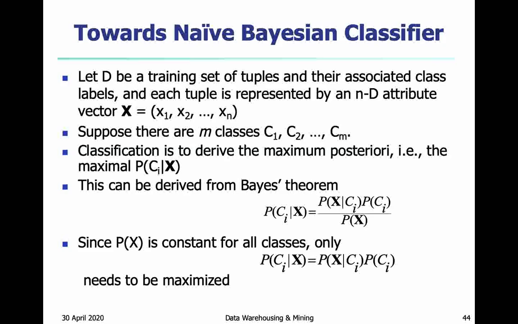Suppose that there are m classes. In our example, we have two classes: buys computer yes, buys computer no. So suppose there are m classes, C1, C2 up to Cm.